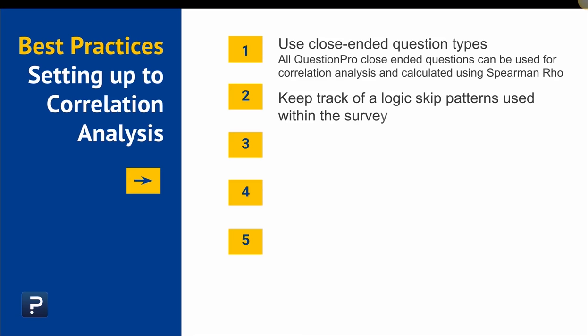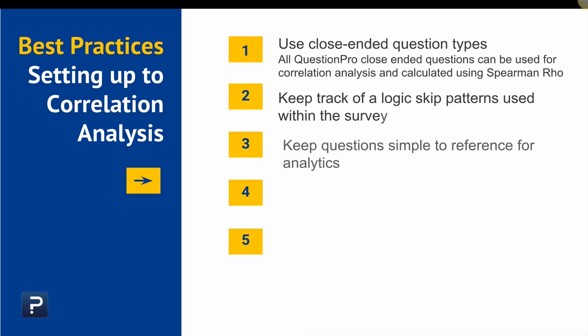So I recommend you track all of those so you know that, if you had started with 100 people and you filtered, maybe 60 people had answered yes on a certain question and 40 answered no, the output could be different based off of the logic skip patterns you've applied. So keep track of those.